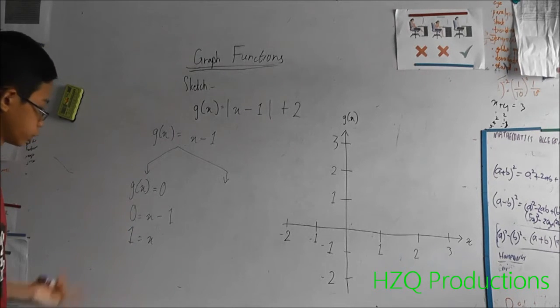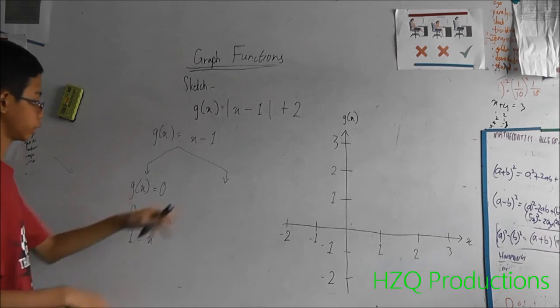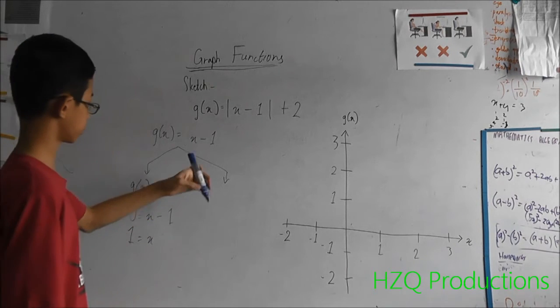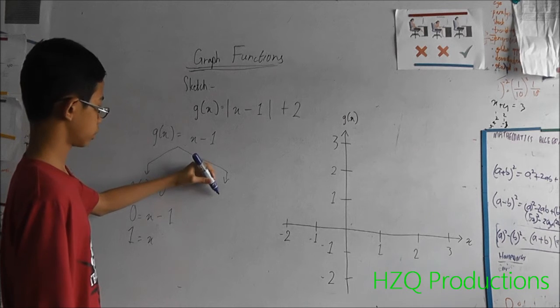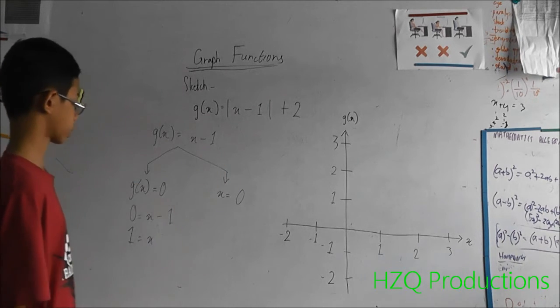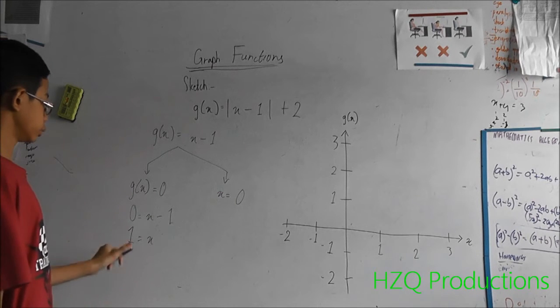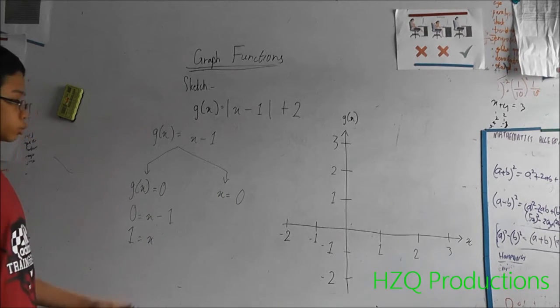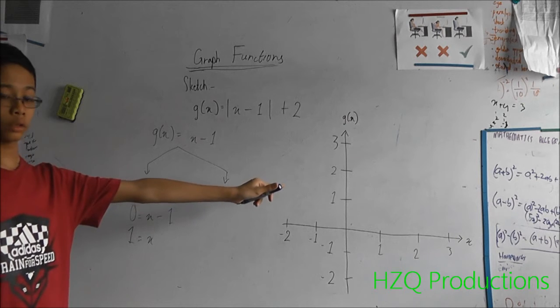Okay, we're not done yet. We need the other part. In the other part, x is going to be 0. The reason we need these two answers is because we need those points in the graph.